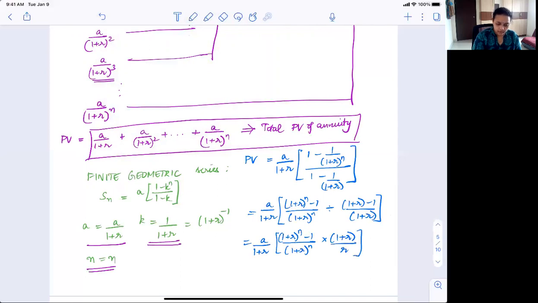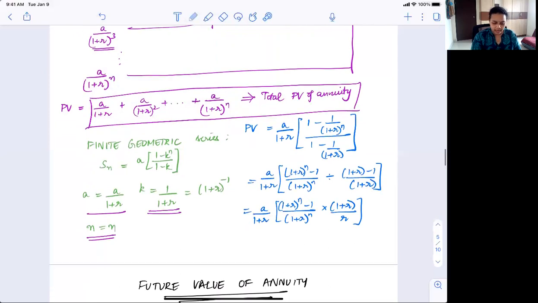Well, this (1 plus r) will get cancelled with this (1 plus r), and I will end up having A by r into 1 minus 1 by (1 plus r) to the power n. And this is the formula to calculate the present value of an annuity.